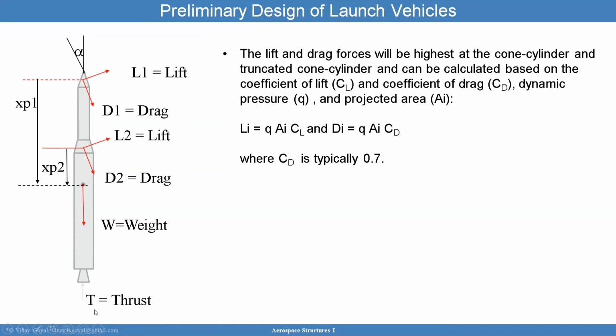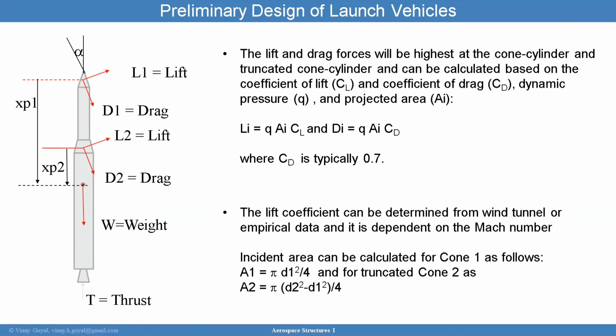W is the weight of the vehicle, T is the thrust, and I'm putting the full weight of the vehicle at the centroid. The drag coefficient is typically 0.7, a typical value, but it could be higher or lower. The lift coefficient can be determined again from wind tunnel testing or empirical data, and it is dependent on the Mach number. Very important to consider.